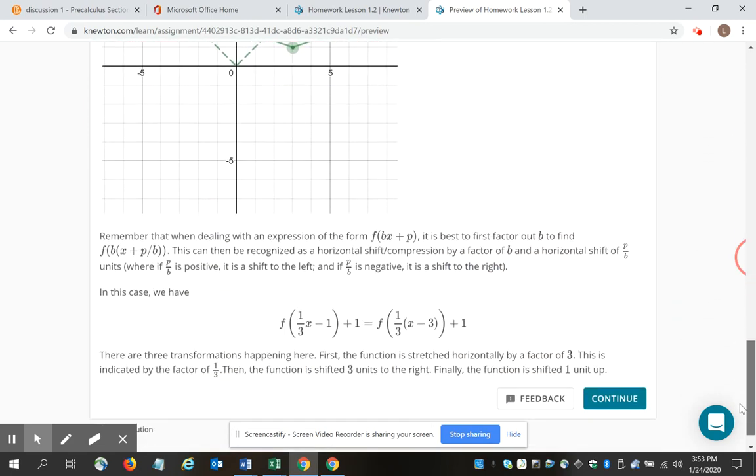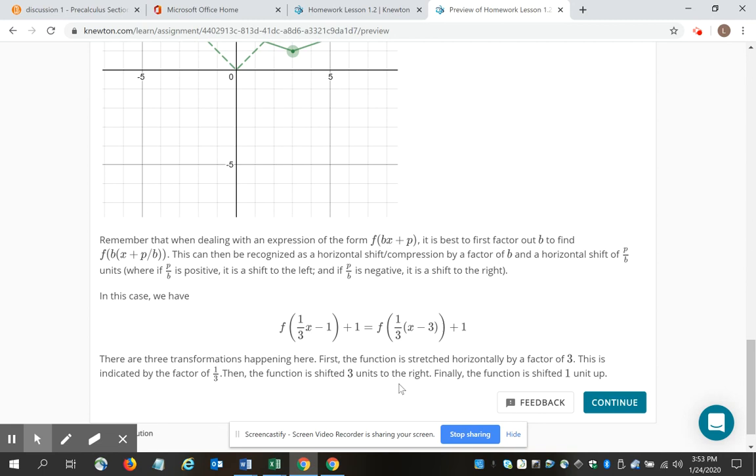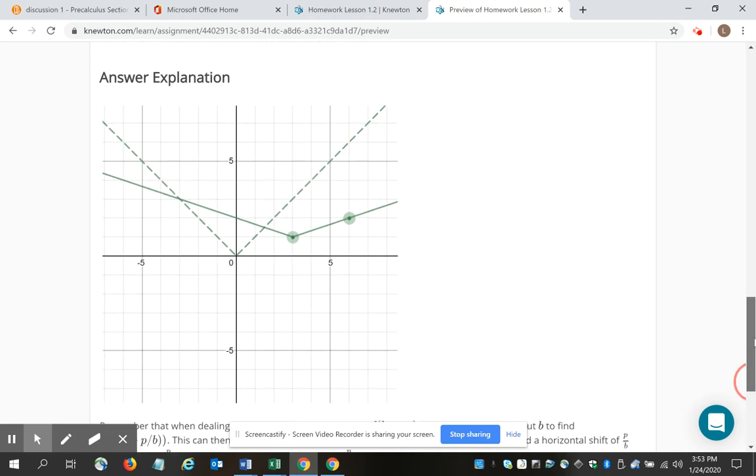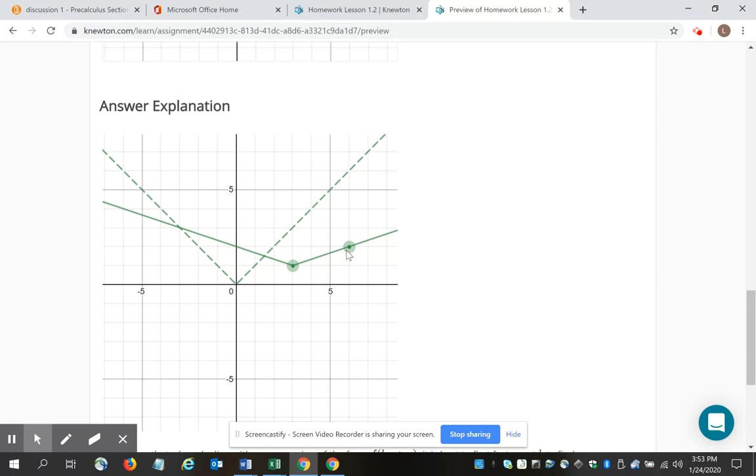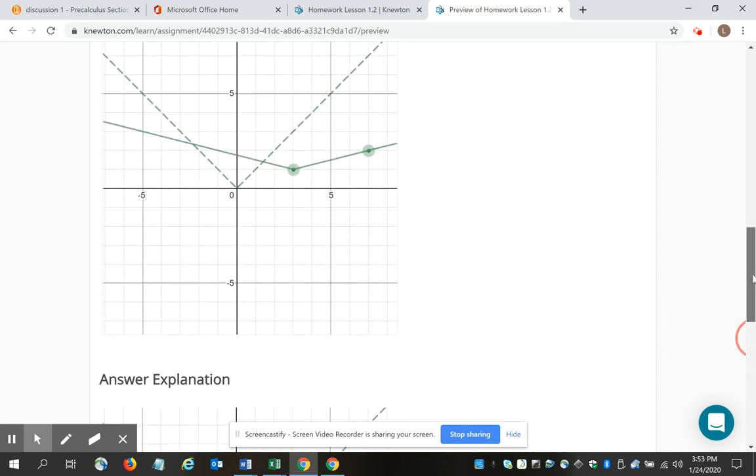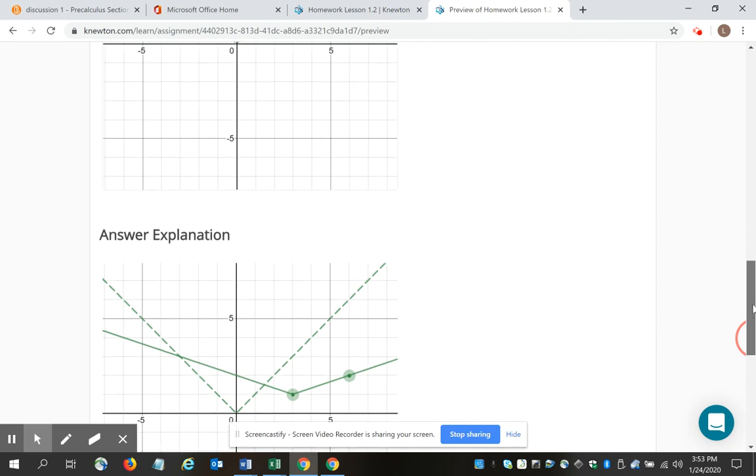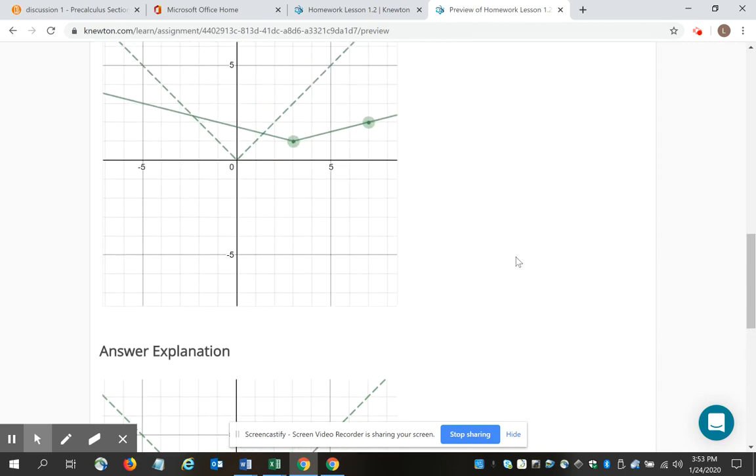Let's see what they say down here. x minus 3, so we shifted 3 units right, which is what we did, 1 unit up, and stretch by a factor. So we went up 1, right 3. I'm kind of disagreeing with them because mine looks pretty close to theirs, a little bit off. I went 4, I see I went too many right here. I need to back up 1. I'm having trouble counting squares on the computer.